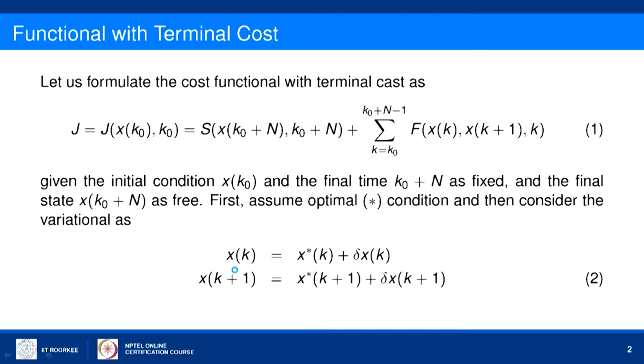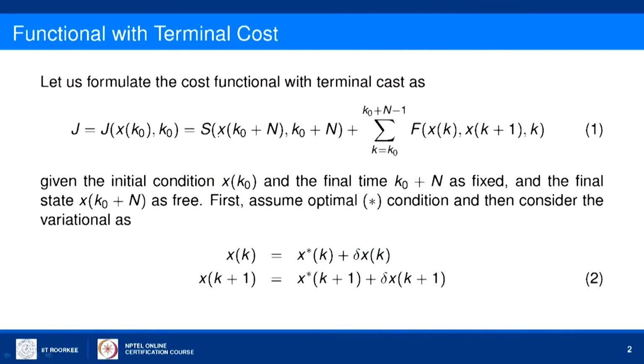Now, we will see the functional with terminal cost. Instead of the functional J with only the summation, suppose you have an additional function S of the final position. If the final position is fixed, this has no meaning, because if x of k0 plus n is a fixed value, then the function S of that expression will also be fixed.